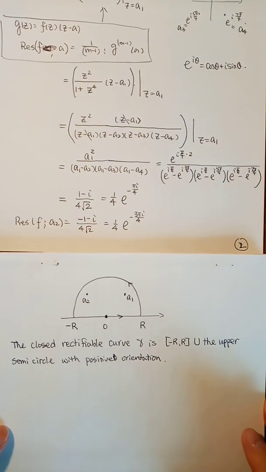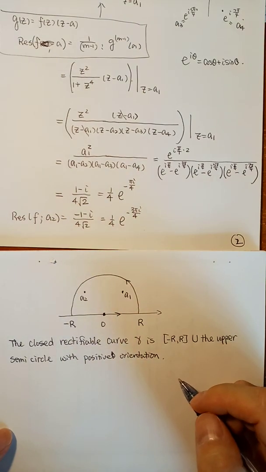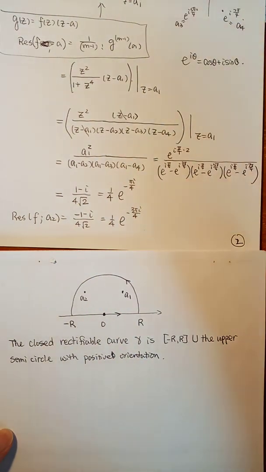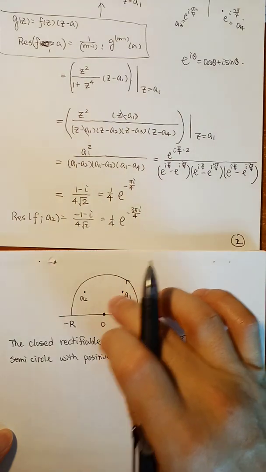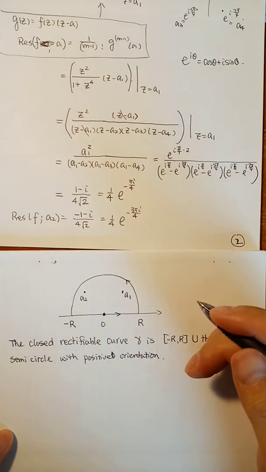Okay, so inside, remember there are only two poles or two isolated singularities.